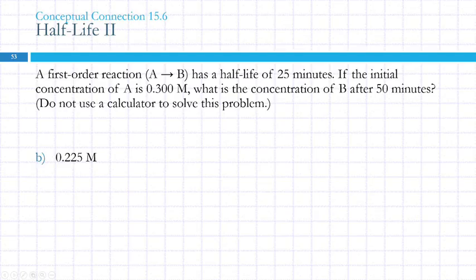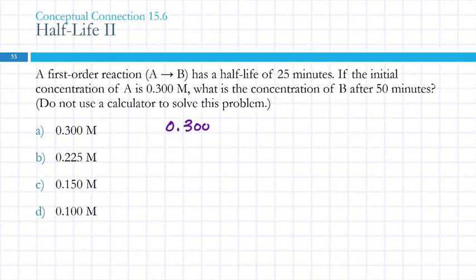So we start with 0.3, and after 25 minutes, it gets cut in half to 0.150. And then if we go another 25 minutes, it's going to be 0.075.